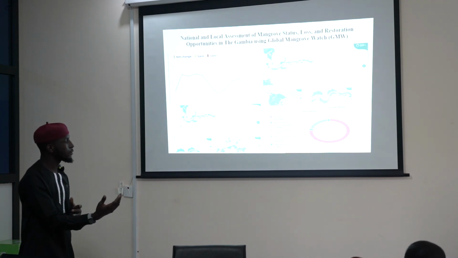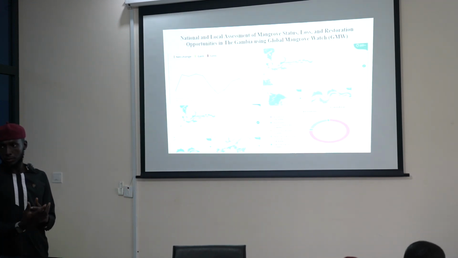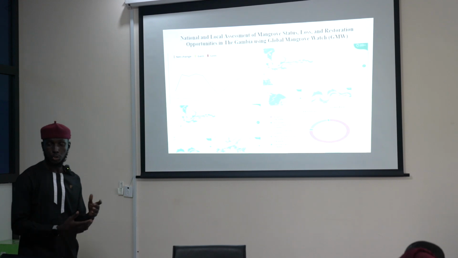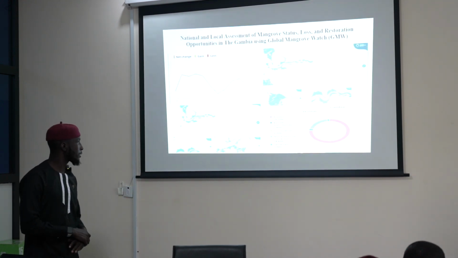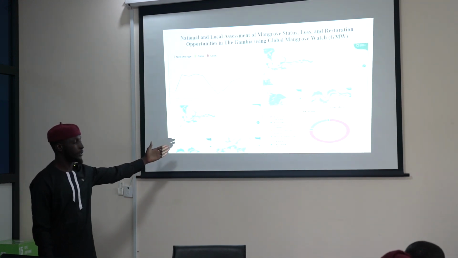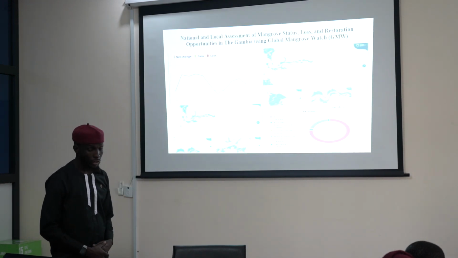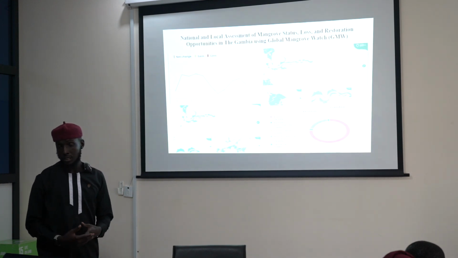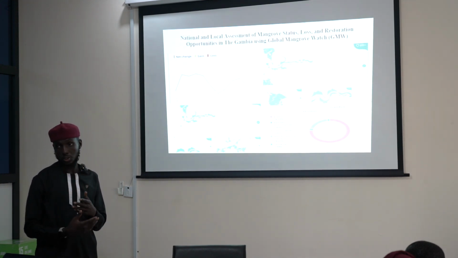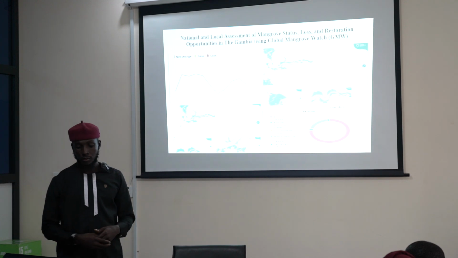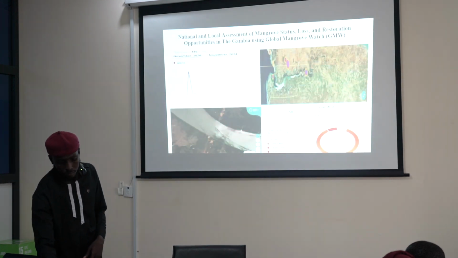So some of them are gains we've experienced in the mangrove extent, and we've also experienced some losses. These are the areas with gains, and those are the loss sites. Most of the losses are based on erosion, which is the main driver of mangrove loss in the country.